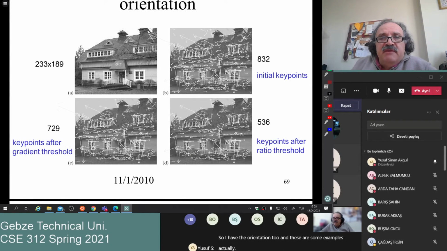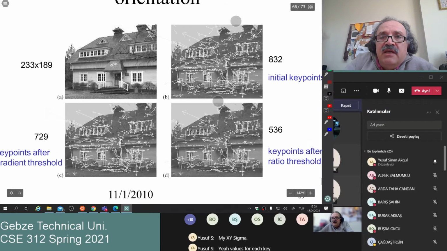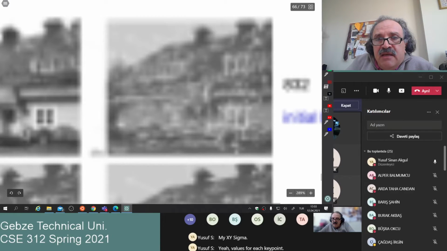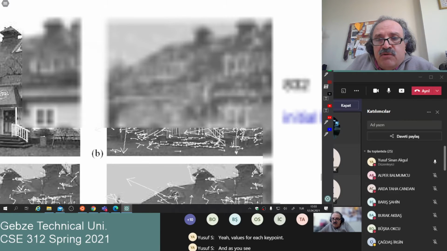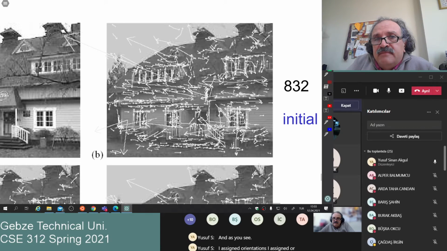These are some examples. If this is my original image, after that I calculated my x, y, sigma values for each key point, and as you see, I assigned the orientations for each of them.